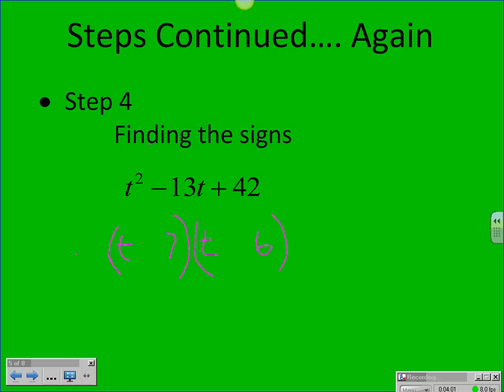But now we have to find the signs. So now you have to say 7 and 6 have to be multiplied to equal a positive 42. So you can have a positive and a positive, or a negative and a negative. But since they have to add to negative 13, they both have to be negative. And there's your answer: the quantity of t minus 7 multiplied by the quantity of t minus 6.